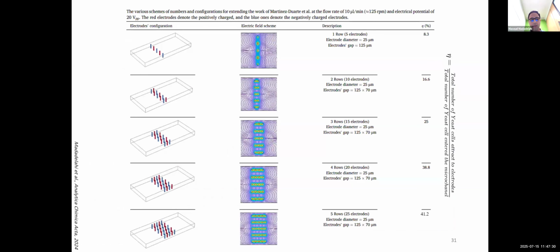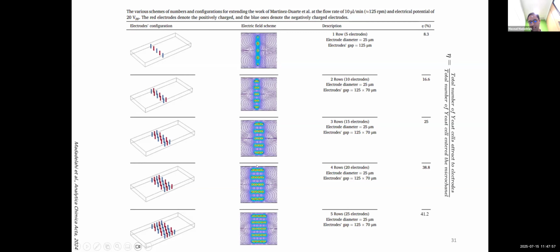For example, you can see the effect of different configurations of those electrodes. Here you can see different numbers of rows from 1 up to 5 and see the separation efficiency, right? Here you can see that when you have only one row of those electrodes, separation efficiency is only 8%.